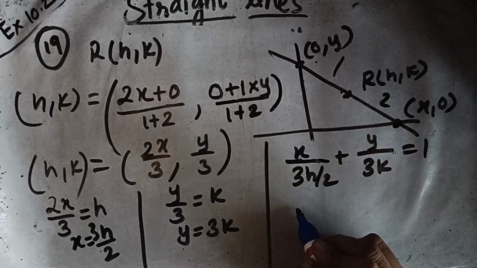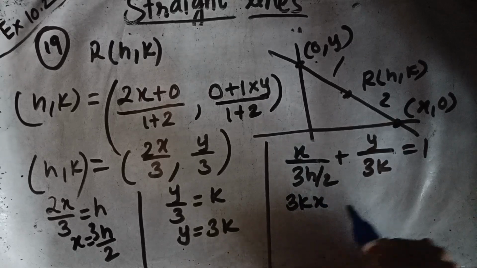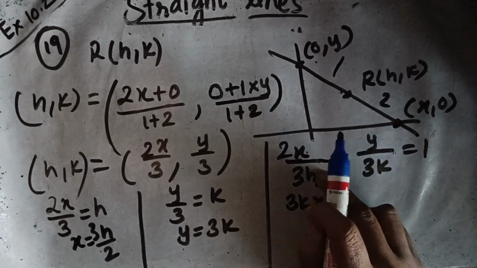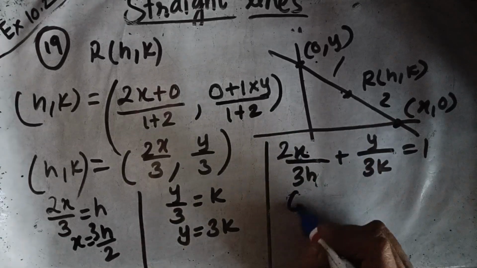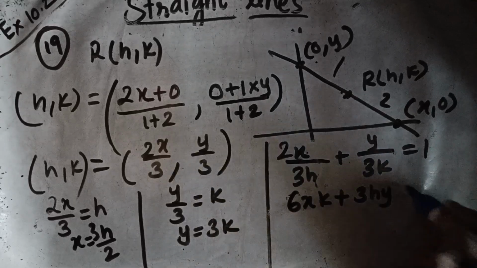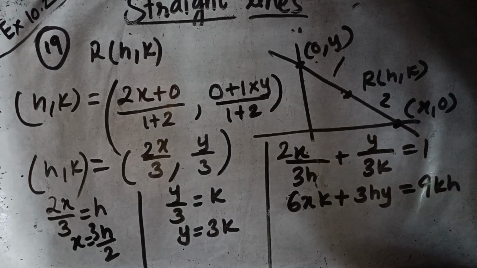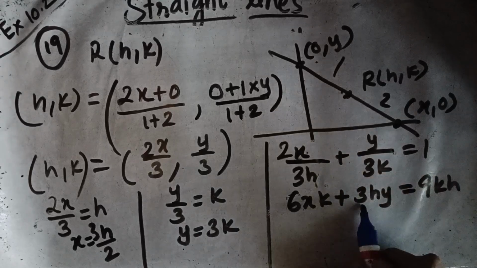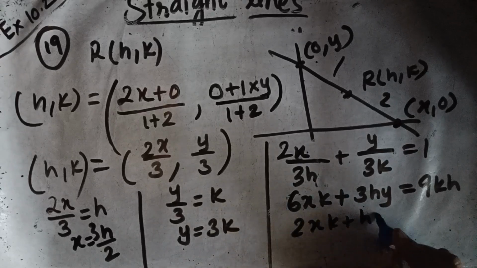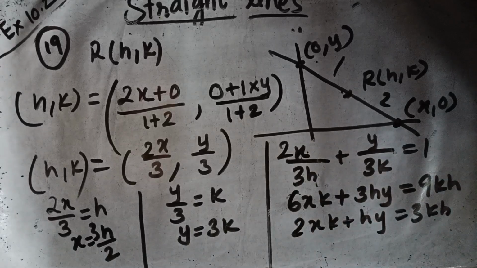So we'll get after cross multiplying, this 2 will go in the numerator. So 6xk plus 3hy equal to 3 3s are 9kh. Okay. So this is the equation, but you can reduce this, divide by 3, 2xk plus hy equal to 3kh. Okay.